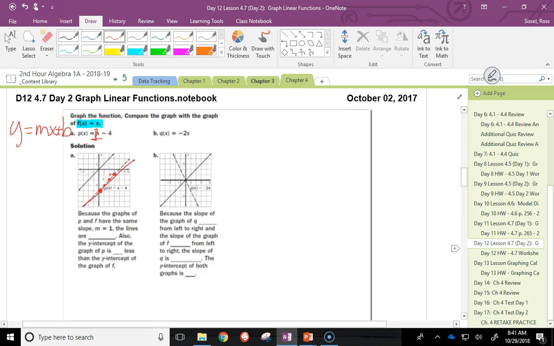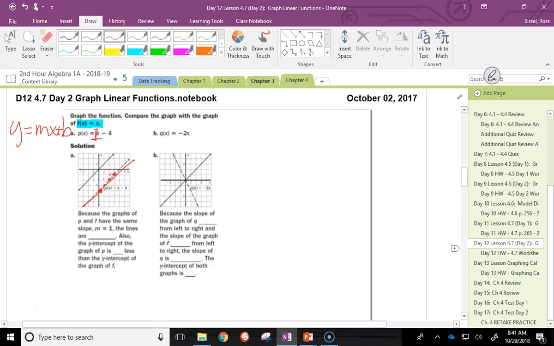Okay. So now we're comparing these two graphs. What have we done differently for the graph of x minus 4 than we did for our parent function? What has changed between this line and our red line? Anyone else? Yeah.